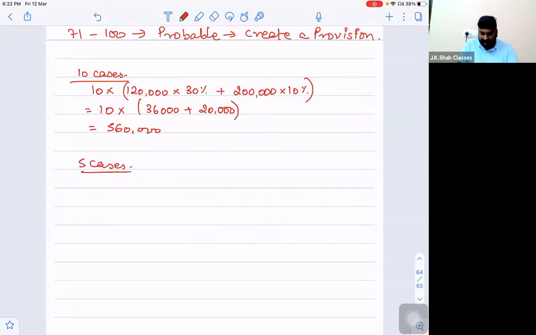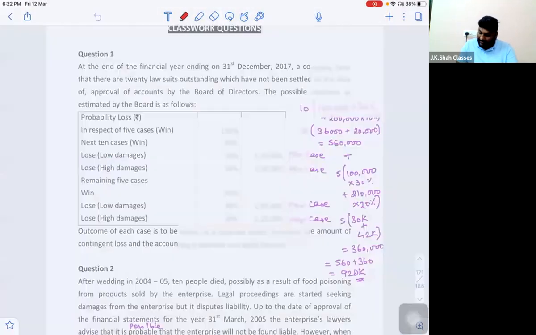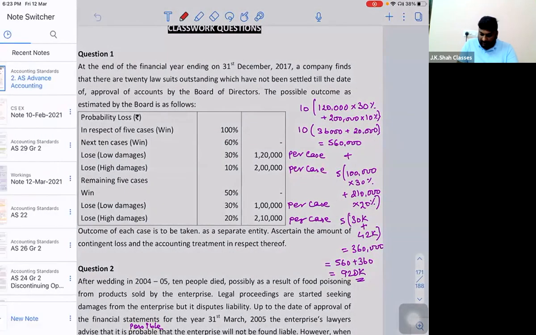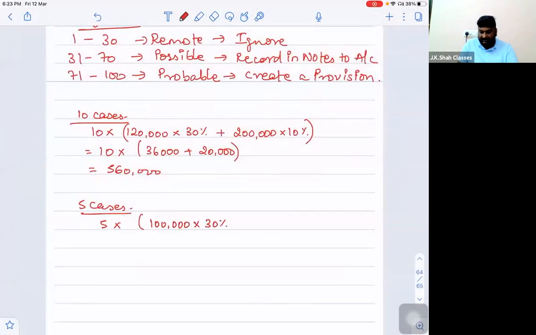Then for the 5 cases. Now, first, low damages 1 lakh, and the probability is 30%. And for high damage, the amount of high damage is 2 lakh 10, and the probability of happening is 20%. So I'll say the overall chances of low damage loss is 30,000, and for high damage is 42,000.